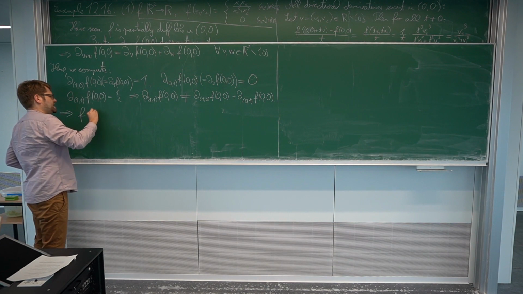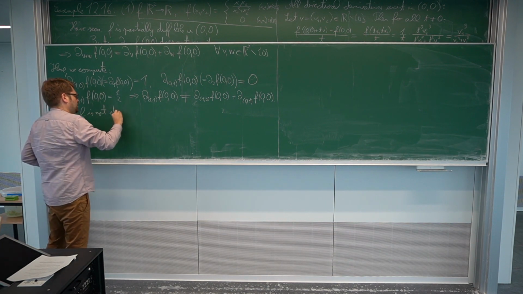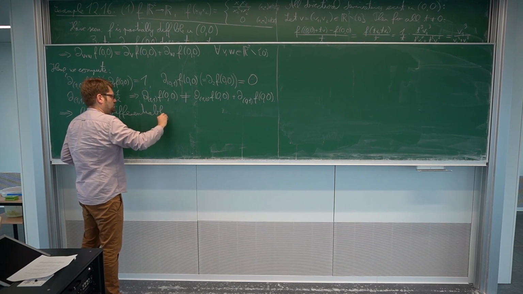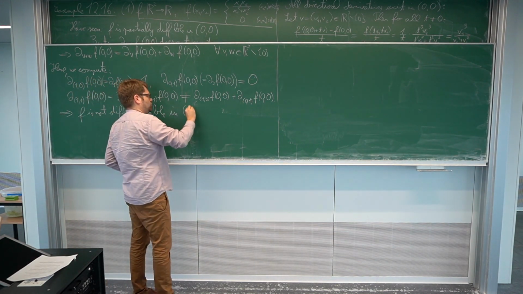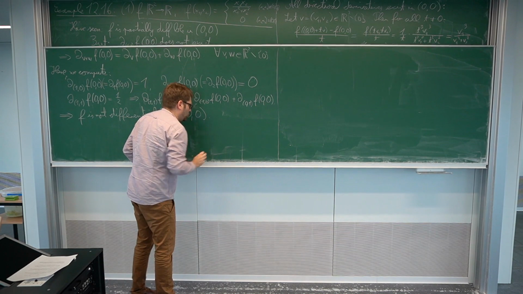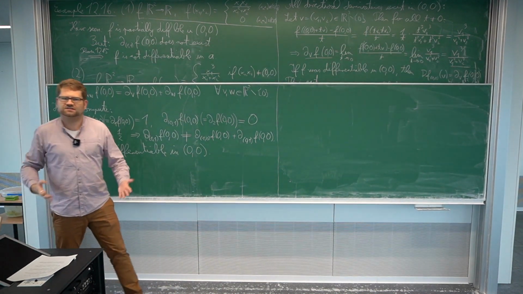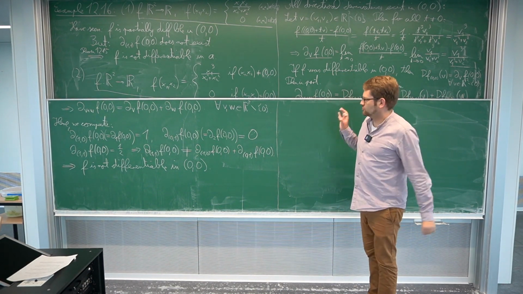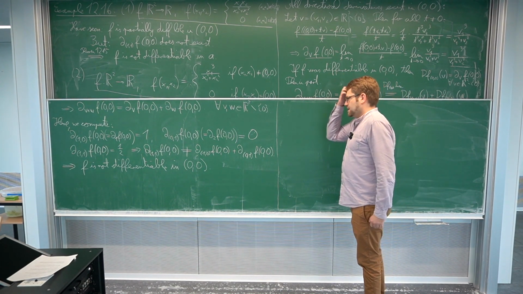So it follows that f is not differentiable in 0, 0, because all directional derivatives exist, but they don't satisfy the linearity property that's necessary for the differential. So this is where differentiability fails.